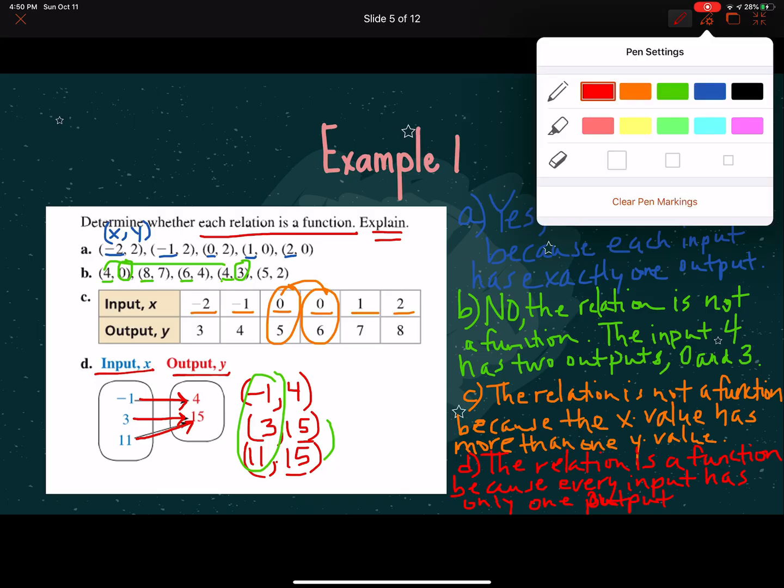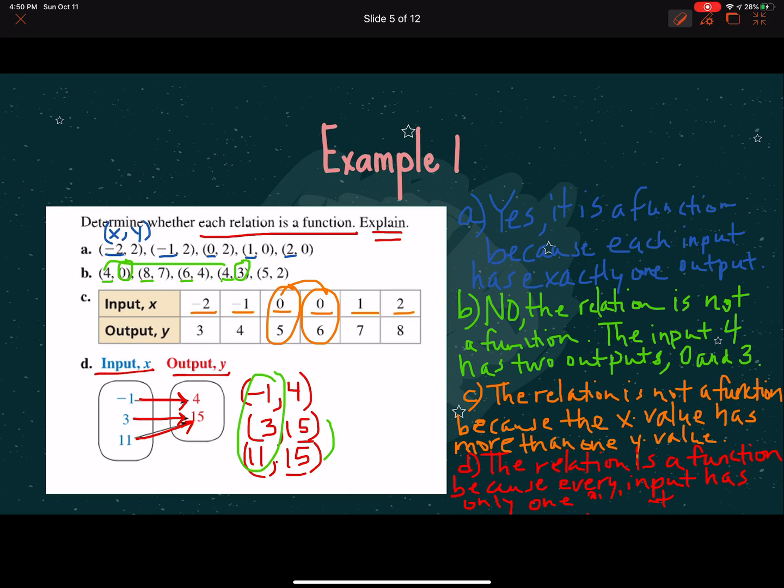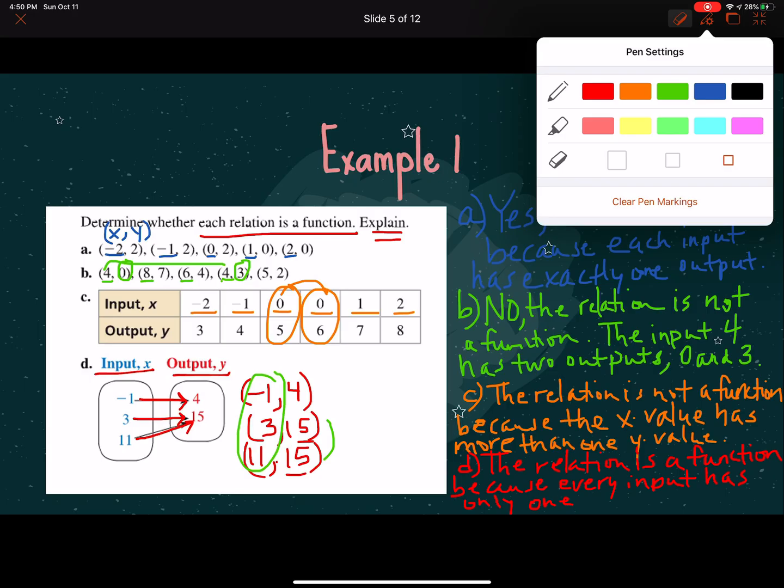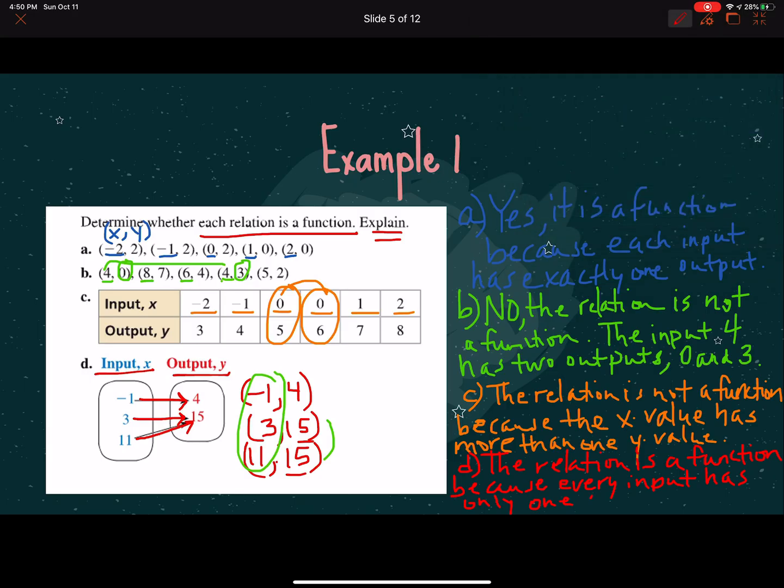Let me go ahead and clear that up real quick. Okay, so we just went through determining whether each relation is a function and how we can explain or possibly justify our decision with whether each relation is a function.